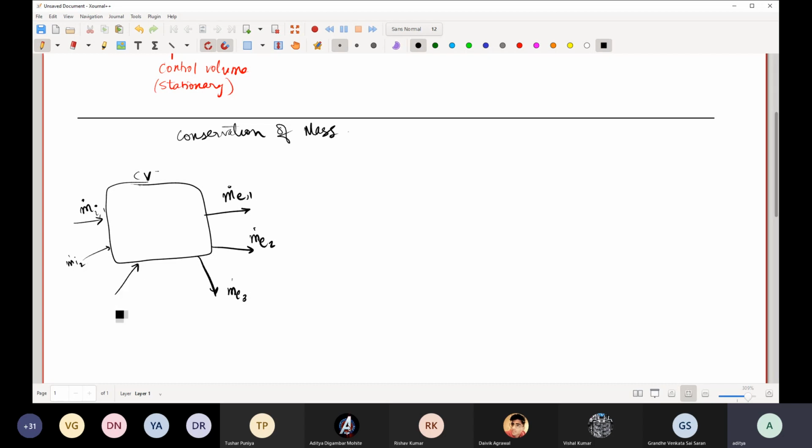You can have multiple mass influxes into the system and outfluxes out of the system. So the conservation of mass says that the summation of all the input masses minus the summation of all exit masses is equal to something. So what will be that something?